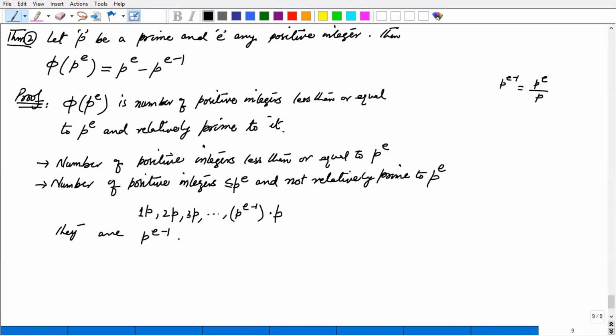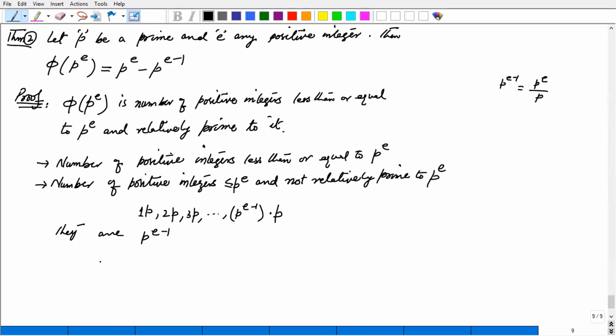So p to the power e minus 1 numbers are not relatively prime to p to the power e and are less than or equal to p to the power e.